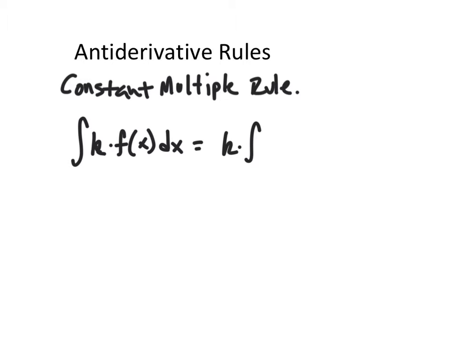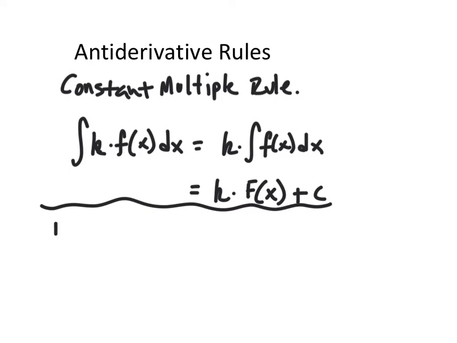This may not make sense to you right now, but later on it'll kind of save your life to do it this way. So I take k and multiply it by the antiderivative that we get, plus c.